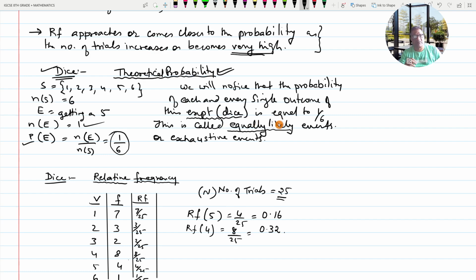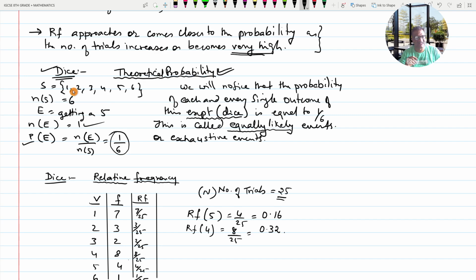But the probability of getting a 1 or a 2 or a 3 or a 4 or a 5 or a 6, each of these events, is 1 by 6. If that is the situation, we say that the events are equally likely.